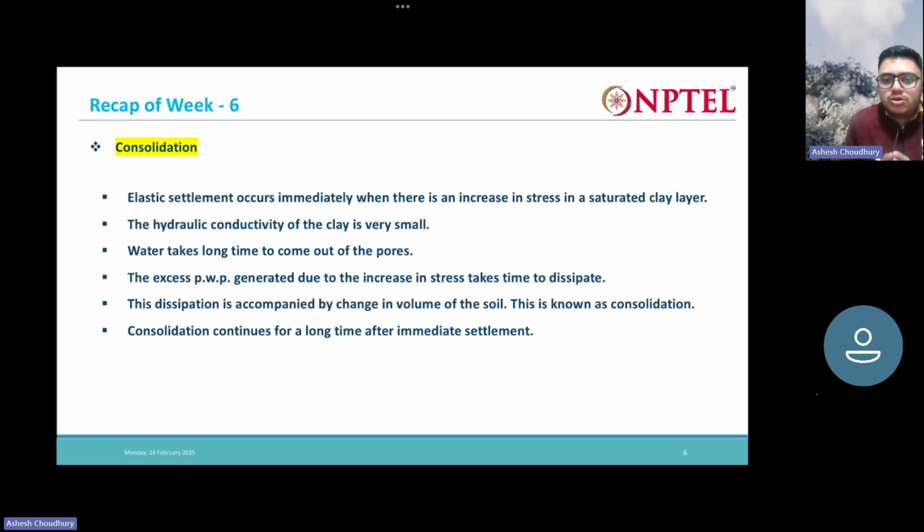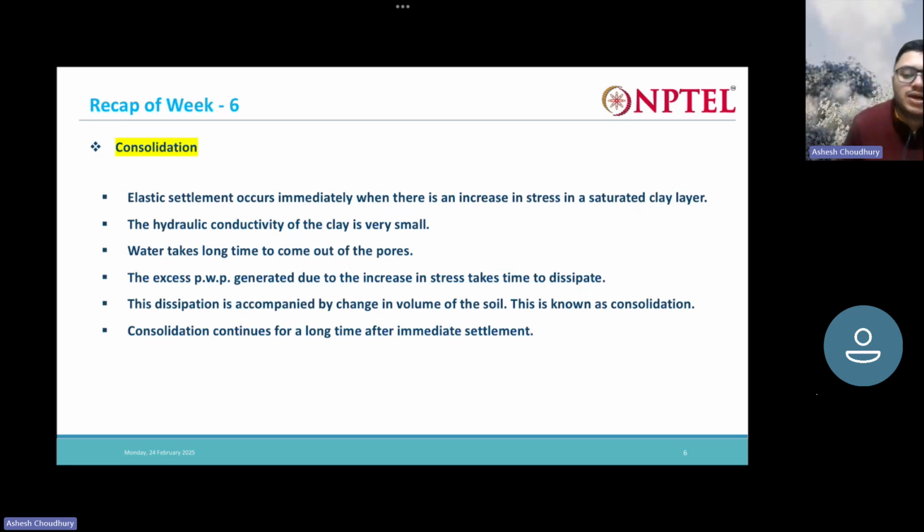So this process of reduction in volume of clay soil on application of load, accompanied by the dissipation of excess pore water pressure, is known as consolidation.